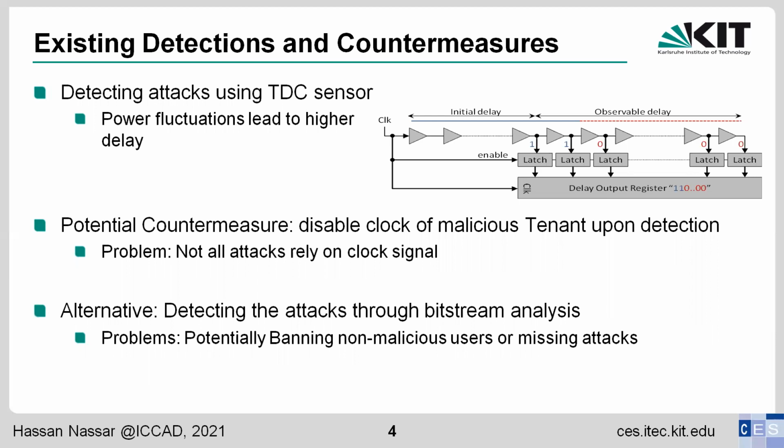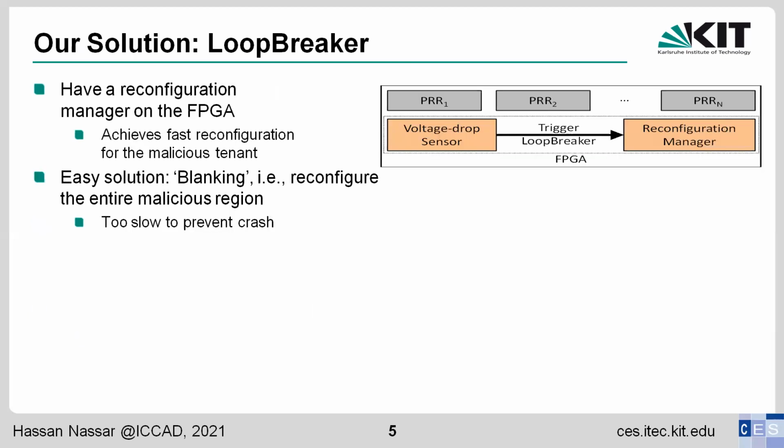However, the problem is that some attacks don't rely on a clock, so it will not work 100%. The alternative is offline bitstream checking, but this can lead to false positives and false negatives, and again, some attacks might happen. That's why our solution is needed.